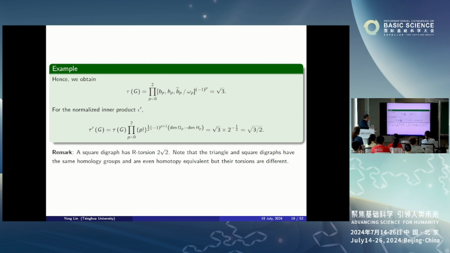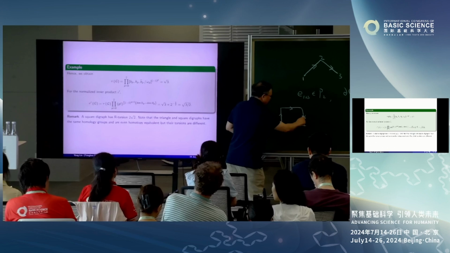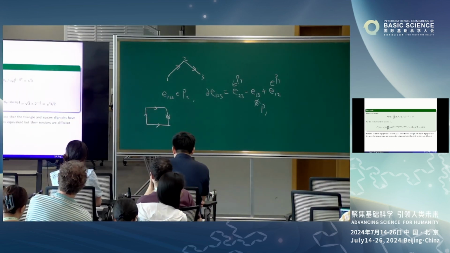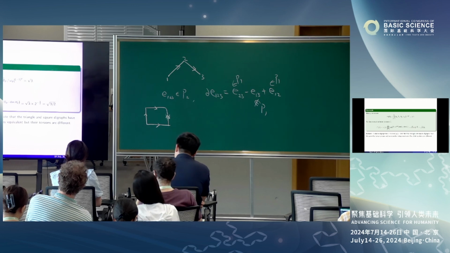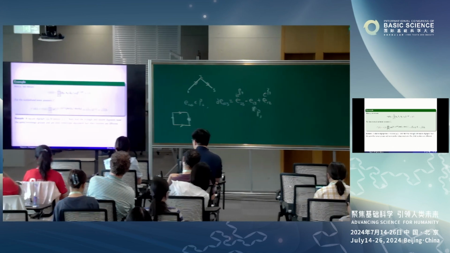And you can also compute the square. What is a square in our setting? This is a square in our setting. So you can also compute the torsion for this square, and you can find that this torsion is 2 times square root of 2.